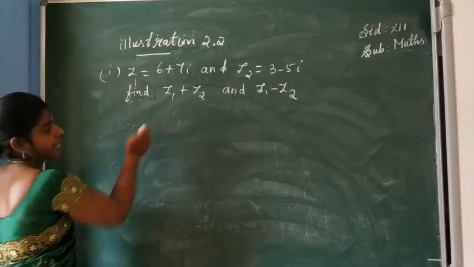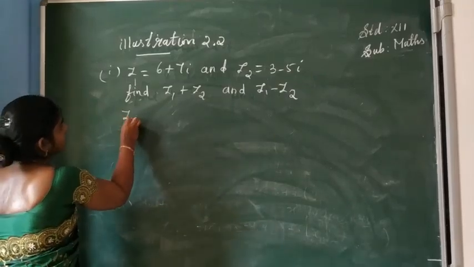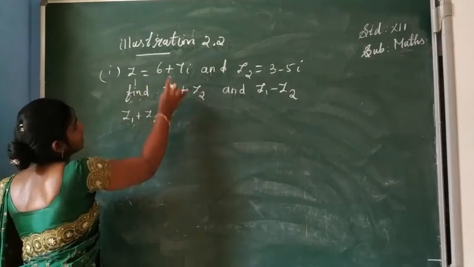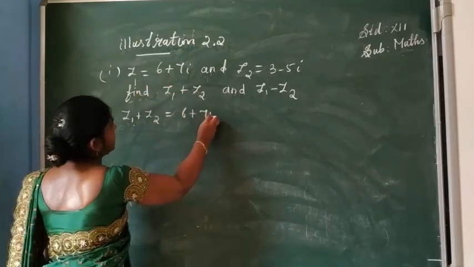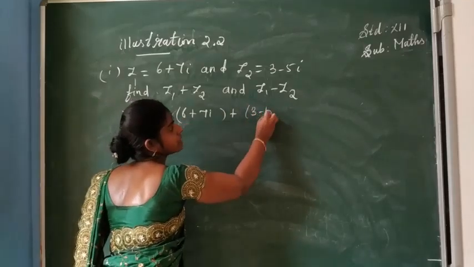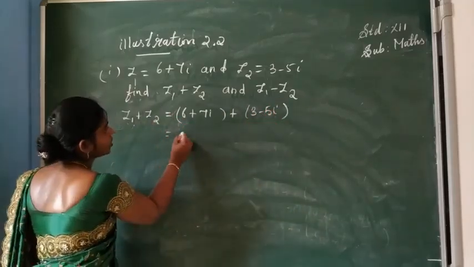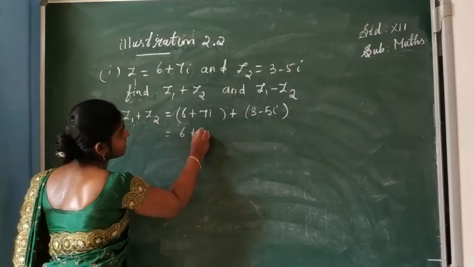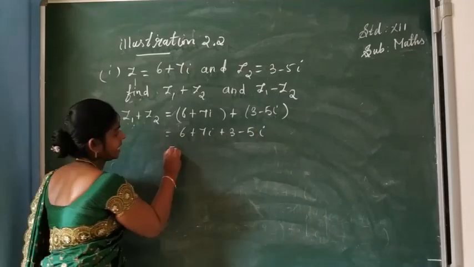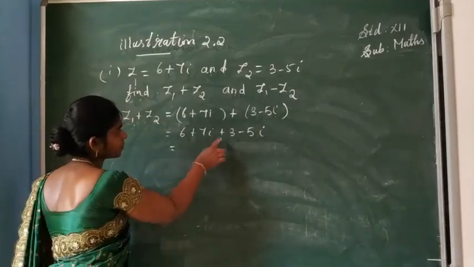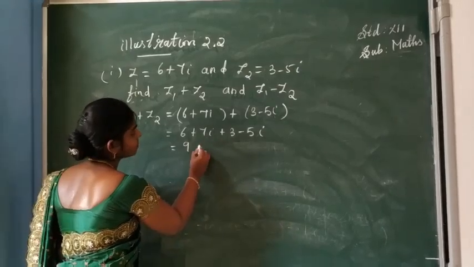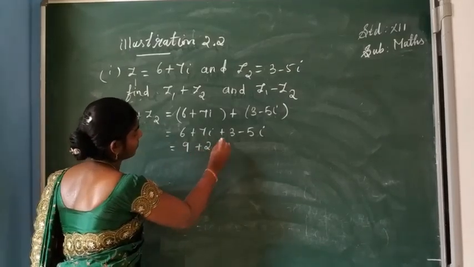First we find z1 plus z2. z1 plus z2 equal to z1, 6 plus 7i, plus z2 value, 3 minus 5i, equal to 6 plus 7i plus 3 minus 5i. We add the like terms: 6 plus 3, 9, 7 minus 5, plus 2i.